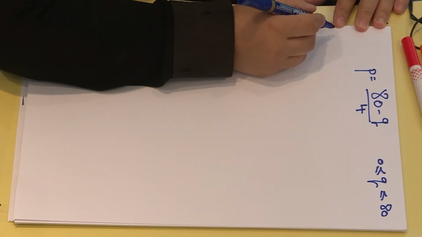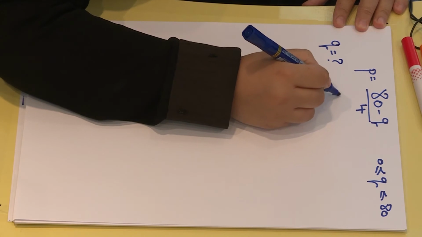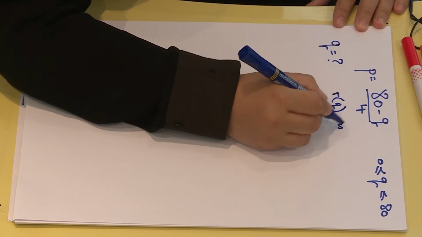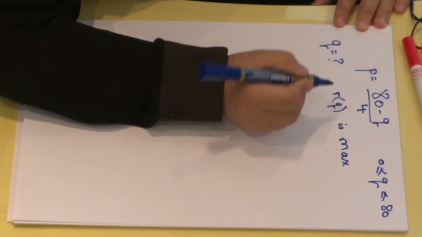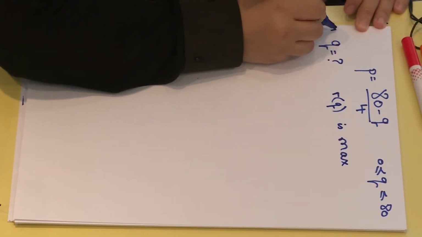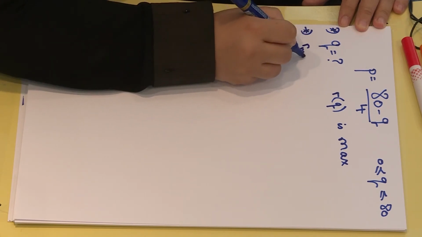We want to find the value of Q for which the revenue is maximum. This is one. Also, we want to find what is the maximum revenue.